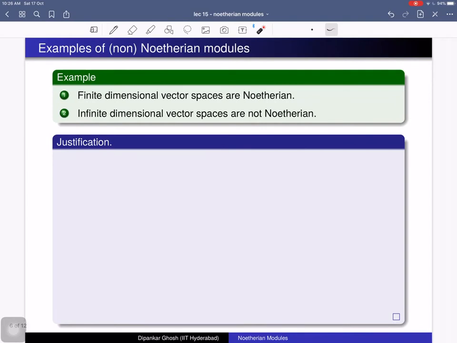Here is another example. If you consider a finite dimensional vector space, I claim that it is Noetherian. Why? Because if V is a finite dimensional vector space over a field K, then of course it is finitely generated as a K module. Now the question is, is it Noetherian?